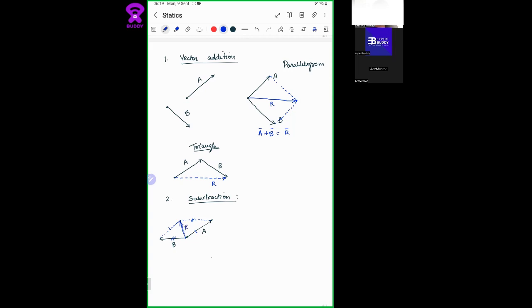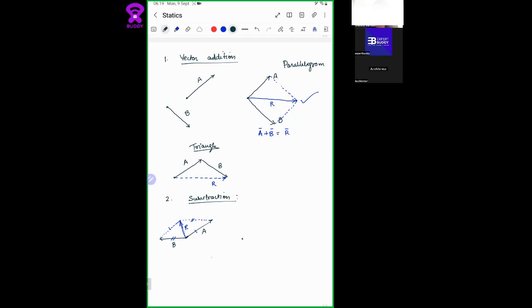In the first case, the addition case, the resultant is slightly larger than A and B because it got added, isn't it? And here, the resultant got shortened. Why? Because we have subtracted it. Isn't that logical? So going further, here also you can apply the triangle rule.